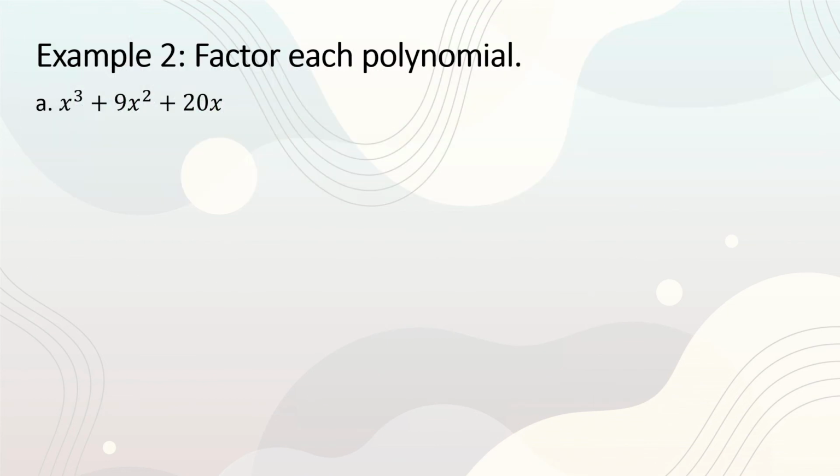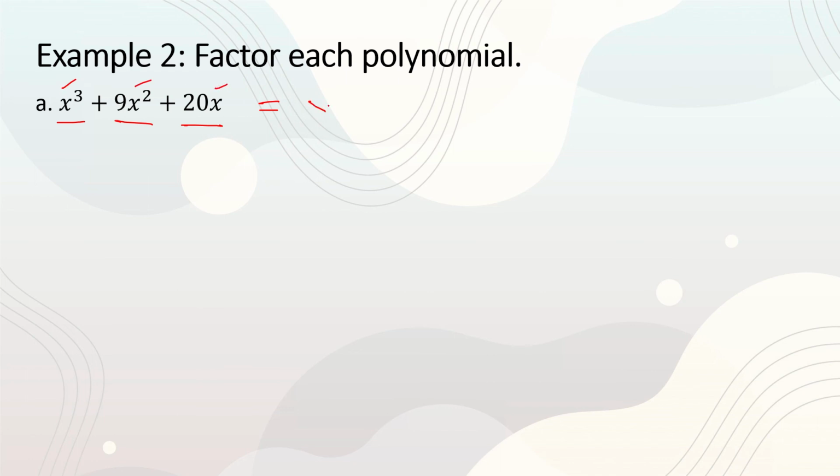So let's have an example here without our steps anymore. So we have x cubed plus 9x squared plus 20x. So don't forget, in factoring, the first step is always to find the common factor. So may common factor ba tayo sa 3 terms natin? Yes. Lahat sila may x.